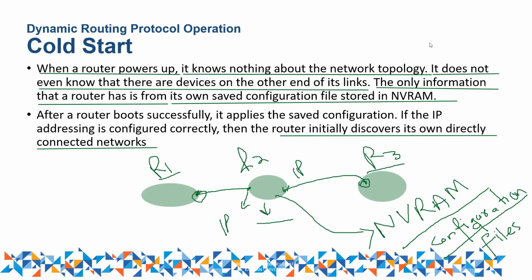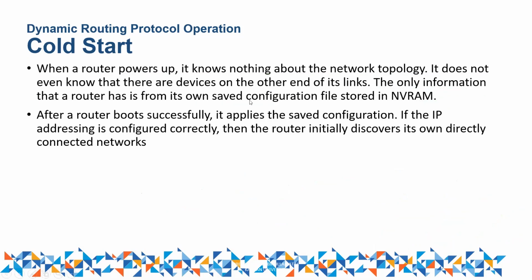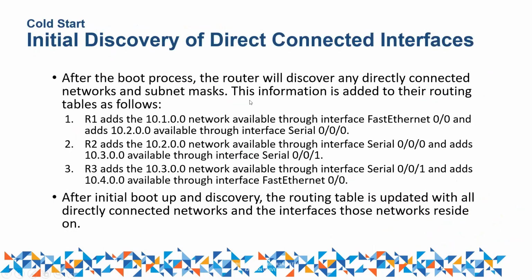Let's move on and try to understand what will happen after the cold start. We understand that during the cold start, the router had no idea about anything. Then, if the IP was properly configured on their interfaces, the router starts initial discovery of the directly connected interfaces.